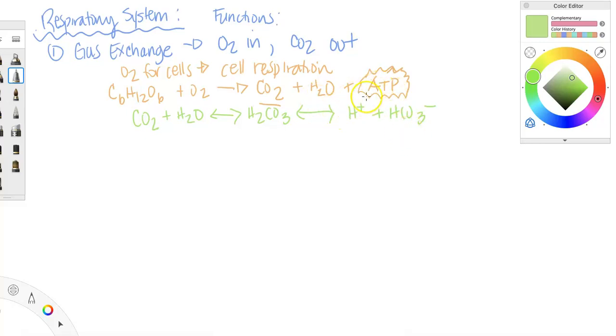So when we have too much acid, we can bind up those hydrogens, go this way, get to carbon dioxide, and we breathe it out. So gas exchange is a very, very important function of the respiratory system.